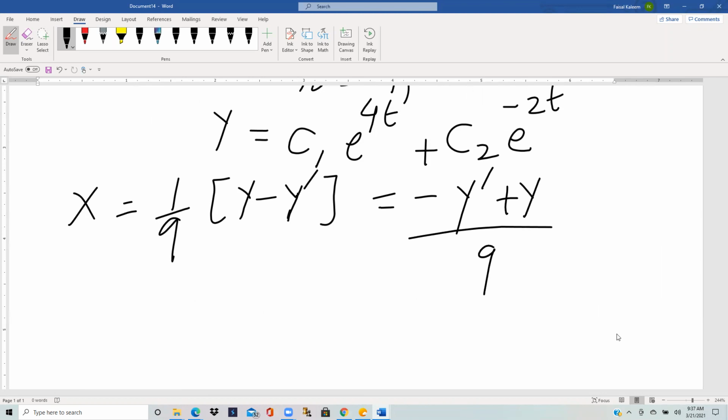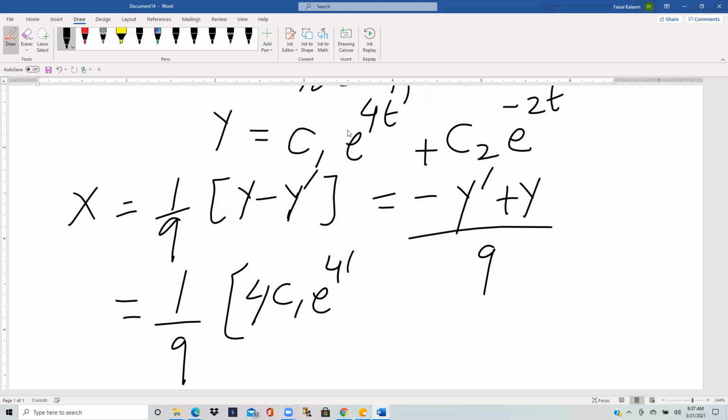So y prime can be calculated. y prime is the derivative of this y. So the derivative of this is 4c1 e to the 4t minus 2c2 e to the negative 2t.